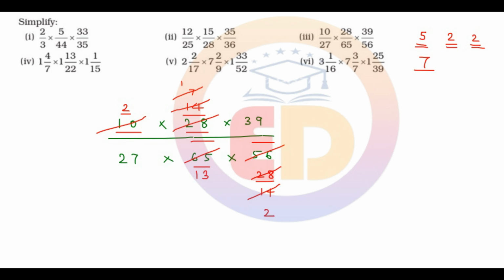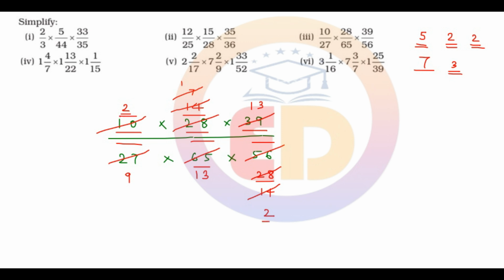Now friends, both 27 in the denominator and 39 in the numerator will be divisible by 3. So let's divide them by 3. When I divide 39 by 3, I get 13. And when I divide 27 by 3, I get 9. Now, in the numerator, I have 2.